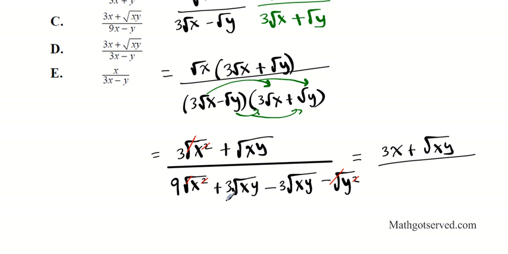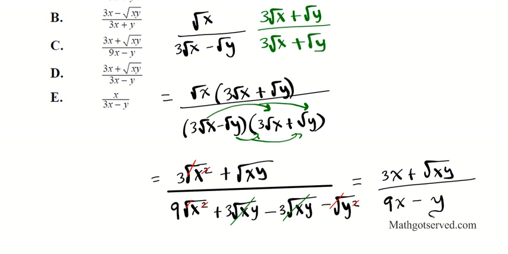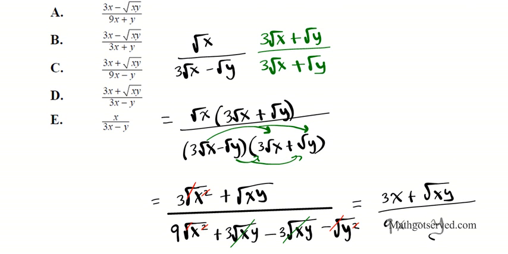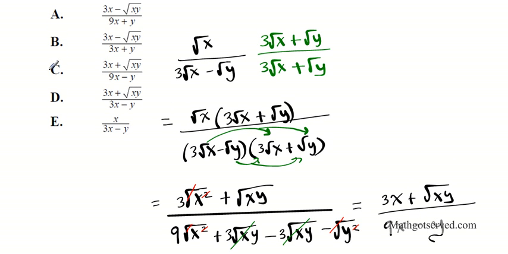You have two opposites. These two terms are opposites of each other. Whenever I combine opposites, they add up to 0. Okay? So, and then you're going to have 9x minus y.